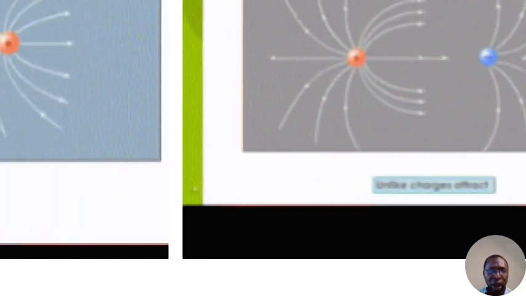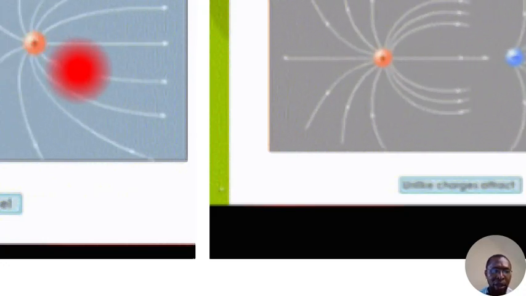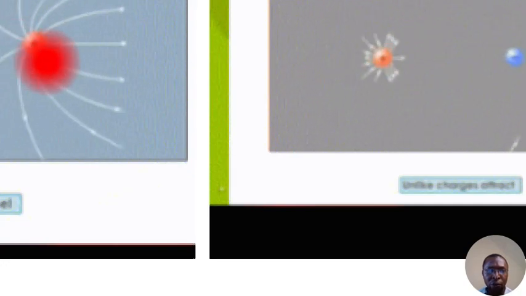But let's come to a scenario like this where you have two positive charges. The first positive charge generates its field and the second positive charge generates its own field too. At the end of the day, you find out that their fields are repelling each other because like charges repel.